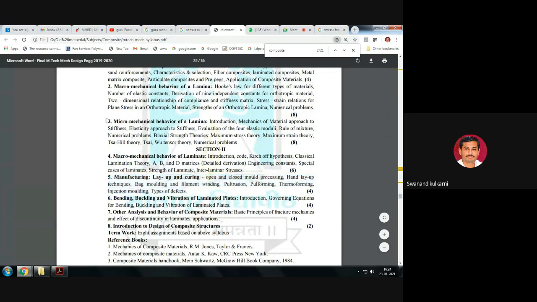As far as micro mechanical behavior of lamina is concerned, we have completed the introduction, strength of material approach or mechanics of material approach, then elasticity approach to the stiffness, evaluation of four elastic constants, rule of mixture. So that part we have seen.